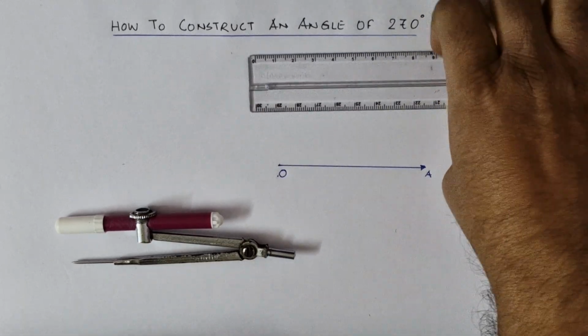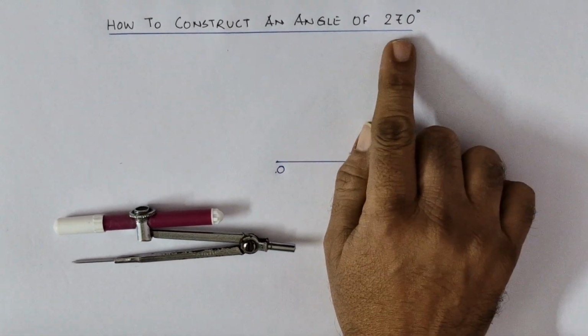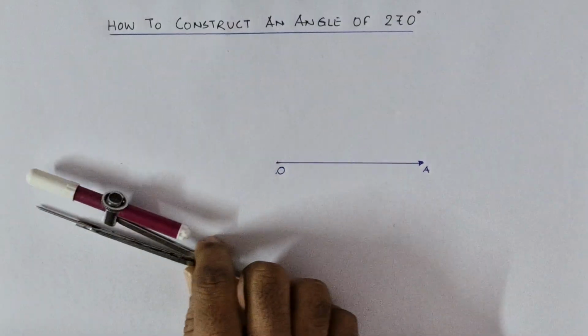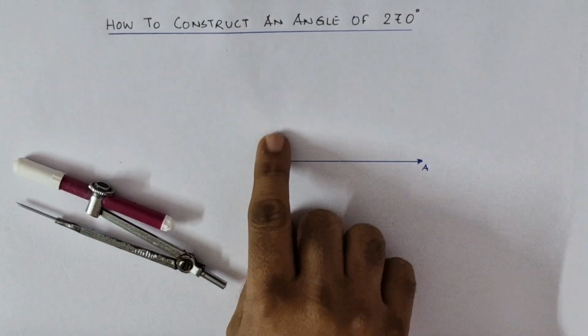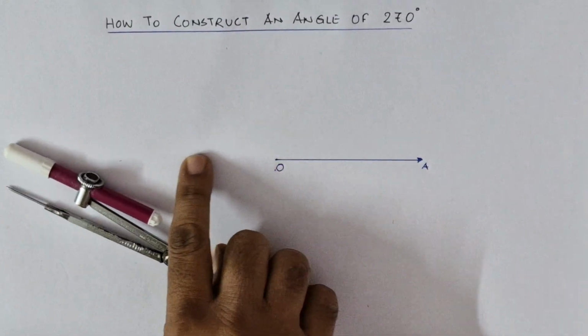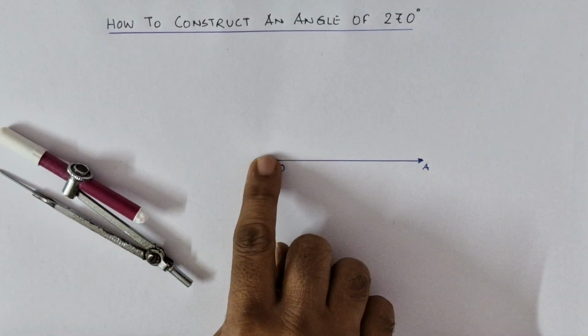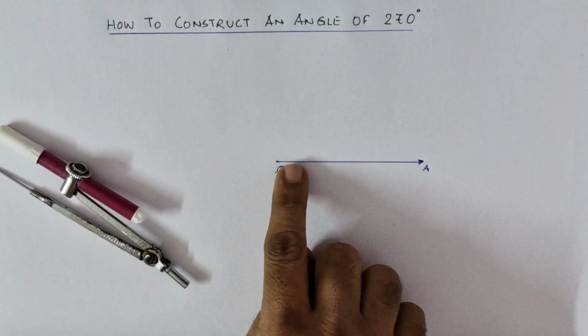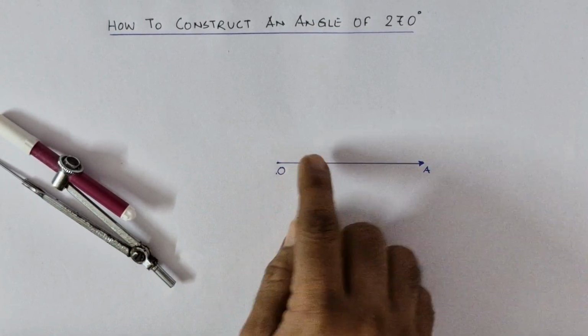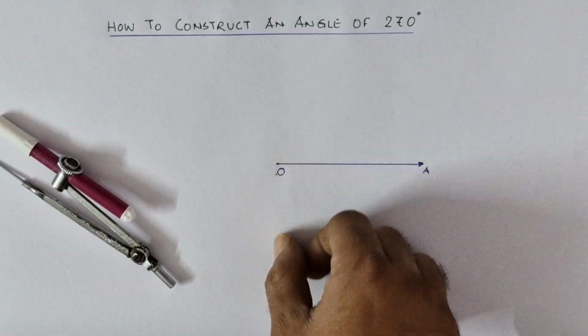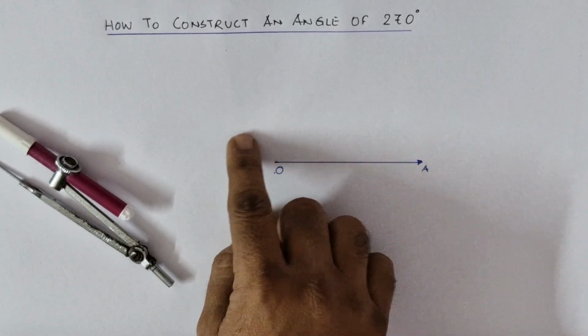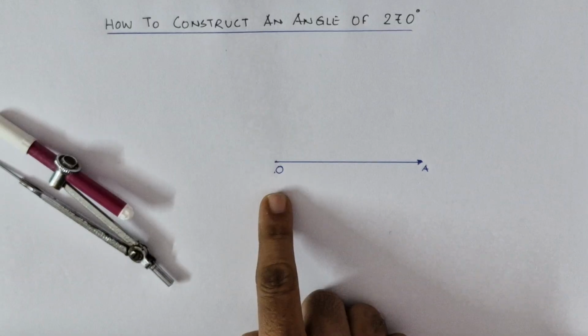Okay. Now, see, 270 degree, right? So if I drop a 90, then again this is 180. Got it? So if you extend this OA to the left hand side, you'll get 180. Then again, if you drop a 90 here, so 90, 90, 180 plus 90 is 270.